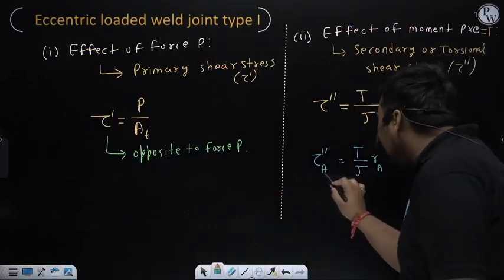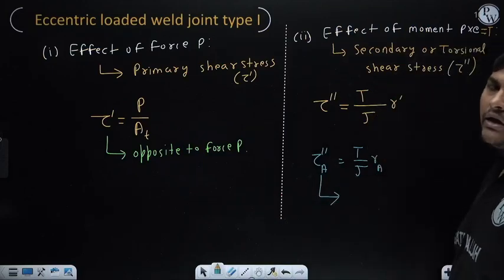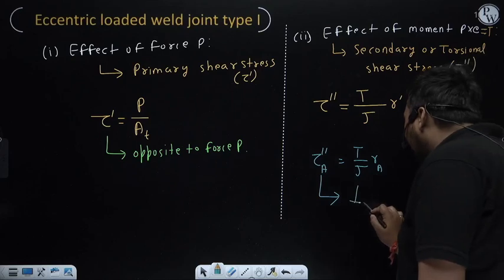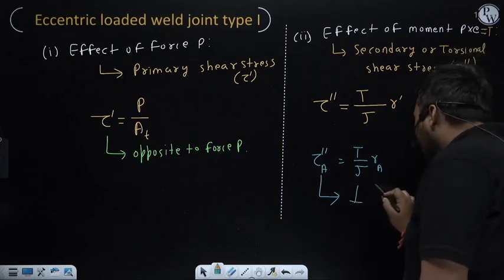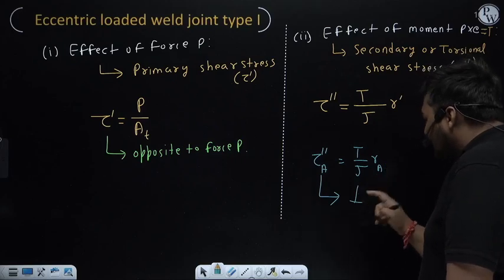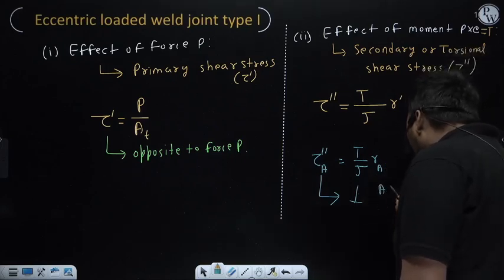To find the direction of secondary shear stress, first draw a line which is perpendicular to the line joining point A and CW. Okay.